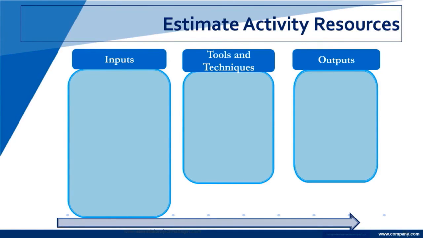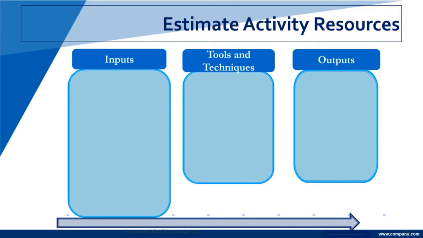So, estimating activity resources. If we look at what we've done so far, this is a new process to this particular knowledge area, but it's not a new process to our overall methodology, our overall standards.